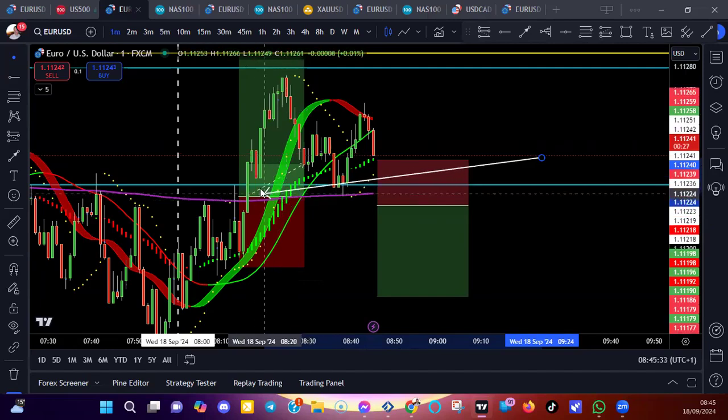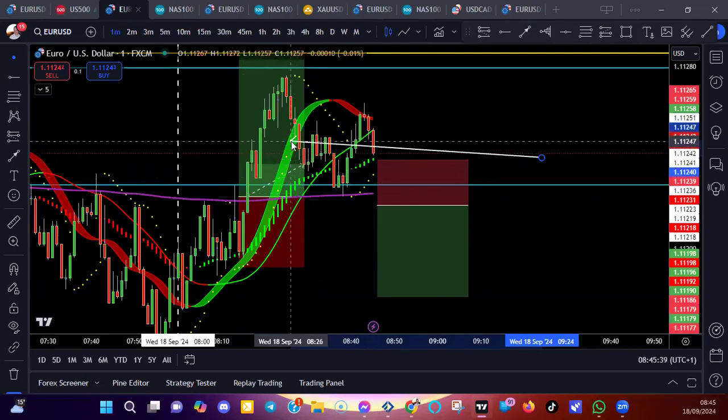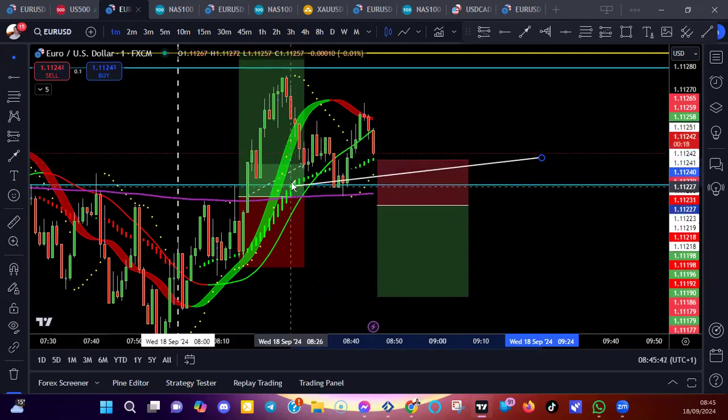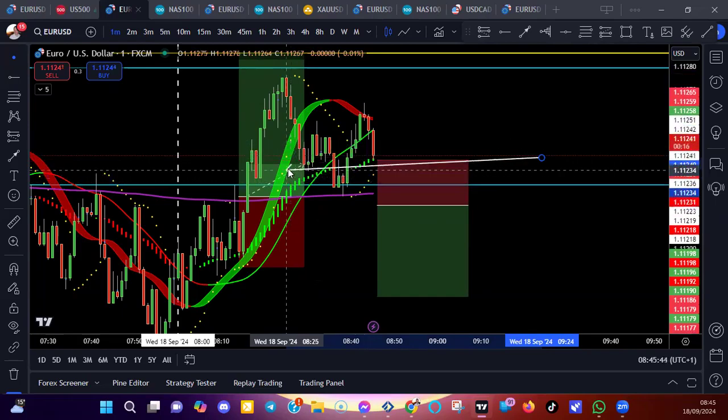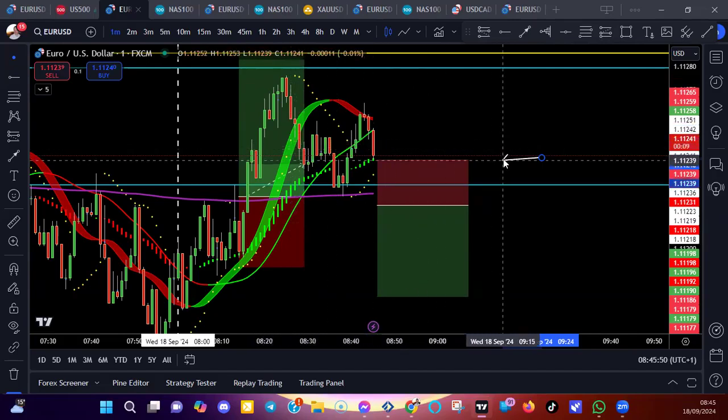Or do you semi-cautiously put your stop loss to your entry, or do you be more optimistic and put your stop loss as the parabolic SAR goes up, in which case you would have come out with a little bit of money and maybe waited for another trade.